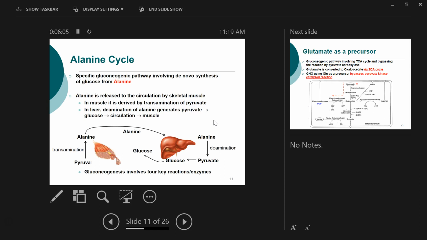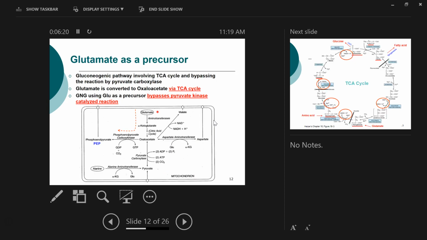And alanine is released from muscle and picked up by the liver to make glucose, and then released back to the circulation for other tissues to use. Glutamate as a precursor for gluconeogenesis, as mentioned, right?